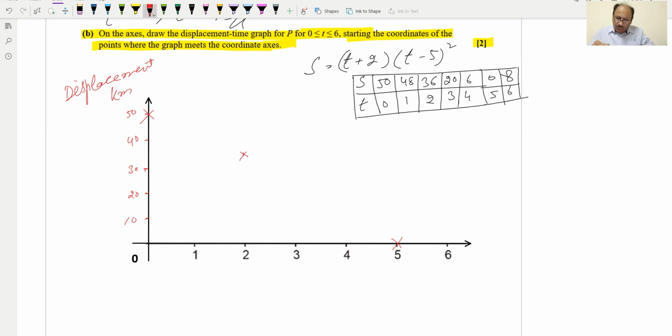For 4 also we can take 6, so for 4 it is this one. Now we can draw like this. I will readjust this point, so we can take this point over here. Now for 6 it is 8, going up again like this. This is the required curve which we have drawn.